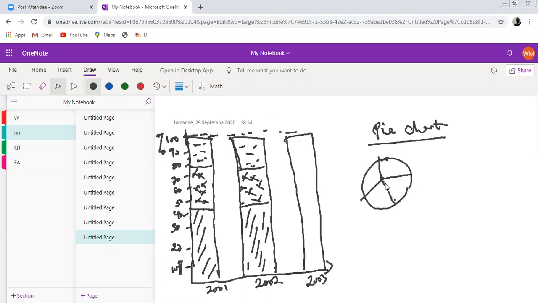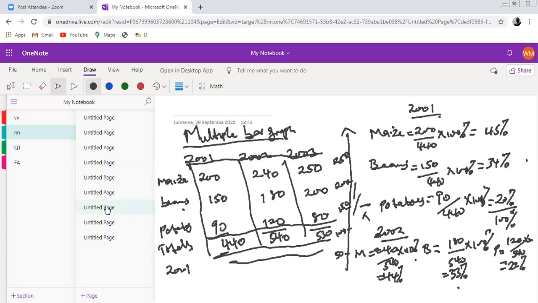Each sector is bigger in proportion to the quantity it represents. So for example, if we were told to present this information on a pie chart, we use the totals for 2001, 2002, and 2003, that is 440, 540, and 530, in preparing the pie chart.